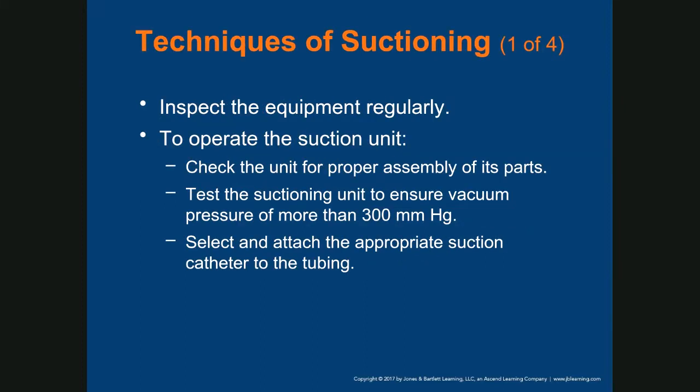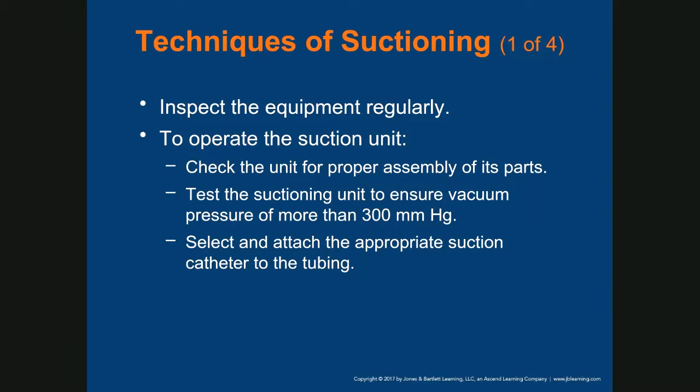Techniques for suctioning. The first thing, you need to be familiar with your suction unit. So you have to turn it on, and you have the new type suction units. Once you turn it on, it quickly goes up to 300 millimeters of mercury. So you want a suction pressure of approximately 300 millimeters of mercury.